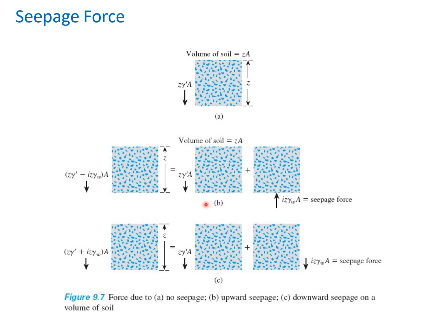This is figure B that is meant for the upward seepage. So you can see here, this is the soil, the volume of the soil is Z A, and the total force that you are having is equal to Z gamma submerged multiplied by A, and this is the seepage force which is acting in the upward direction, that is i Z gamma W A. Area is being multiplied just to convert the stress into force, and if you add these two things, you get this one, and you can see that the negative sign is there.